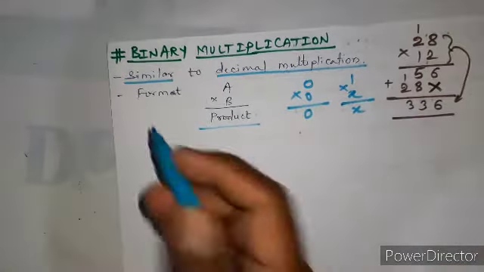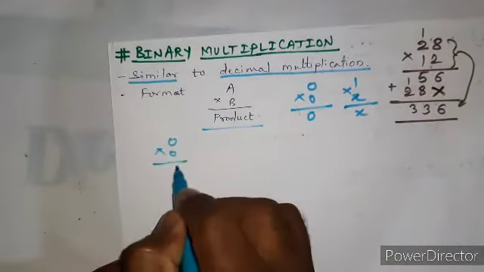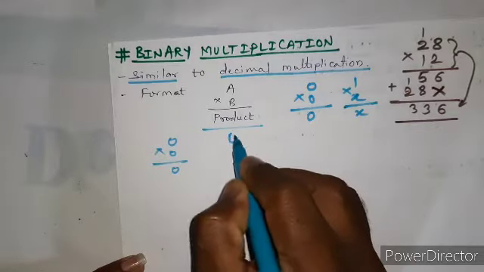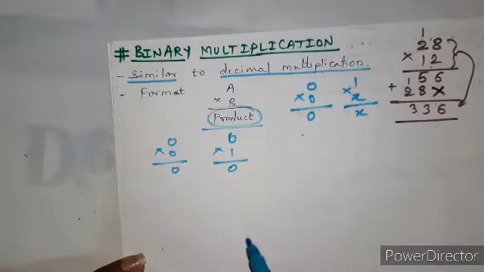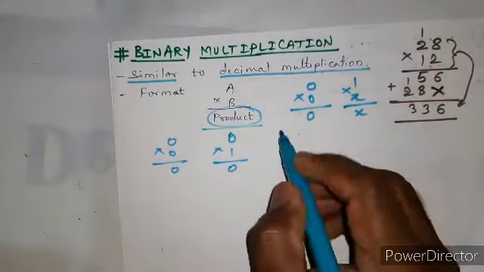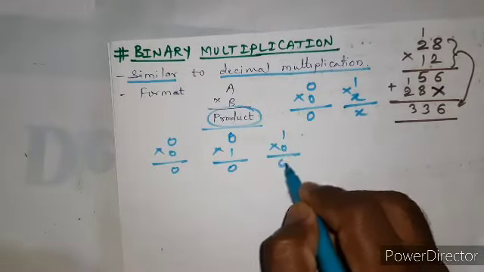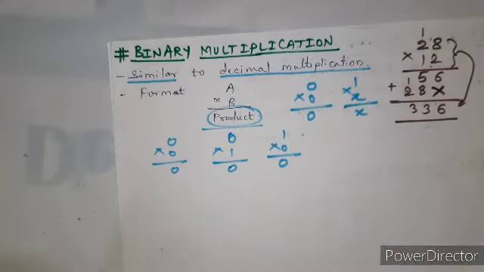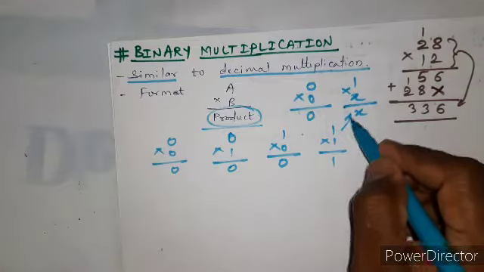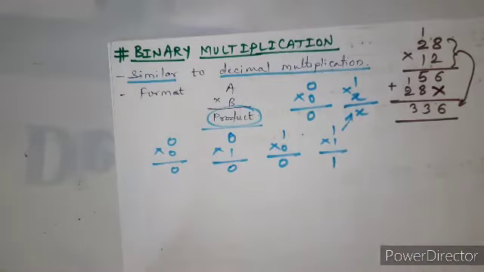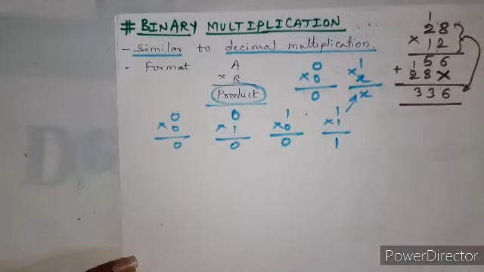So let us consider this. 0 into 0 is 0, 0 into 1 is 0. Now here we have only product, as for addition we have carry and sum. 1 into 0 is 0 and 1 into 1 is 1. So as I said, 1 into anything is that number itself. These are very simple.